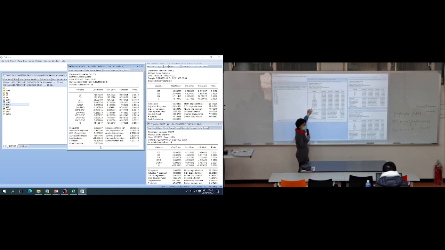This is the way I do it in eViews instead of Excel. I can do it in eViews too, but I have to type it by myself in the regression analysis. I think doing it in Excel is much easier than in eViews.